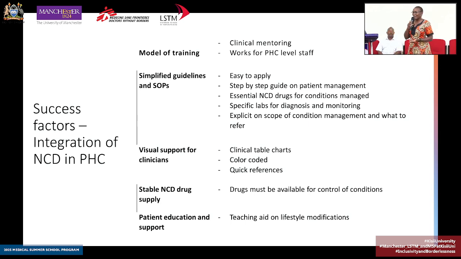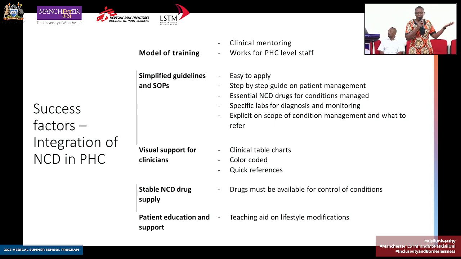We presented our guidelines. We presented the differences that we saw in the national guidelines and the MSF researched guidelines. And towards the end, we developed the easy-to-use guideline. They are there now, a step-by-step guide for the management. So they'll show you, if someone comes with a complaint or they want to check their blood pressure, what do I do?